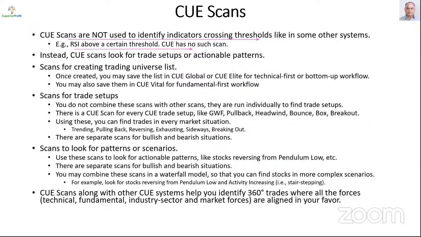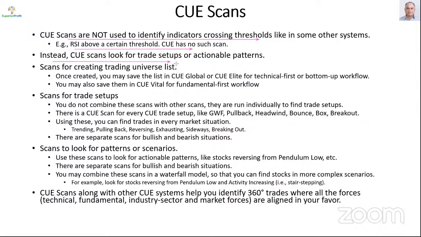Just like Q indicators don't need you to set any parameter or compare with any threshold, Qscans don't have a way to look for indicator going above a certain threshold, because that will be subjective. Different people may set different thresholds. I wanted to avoid that. We have no such scans.